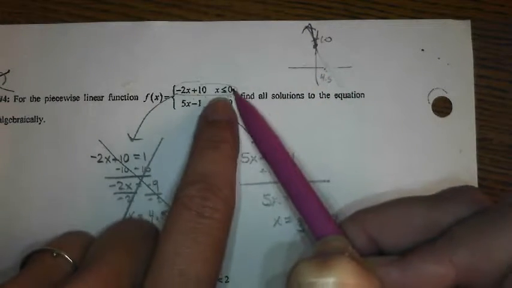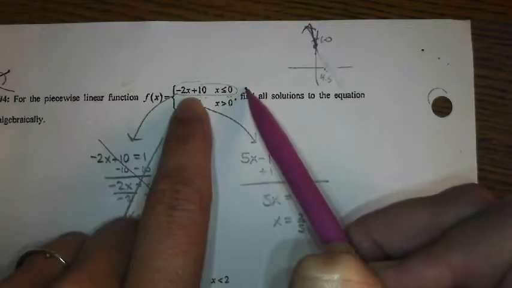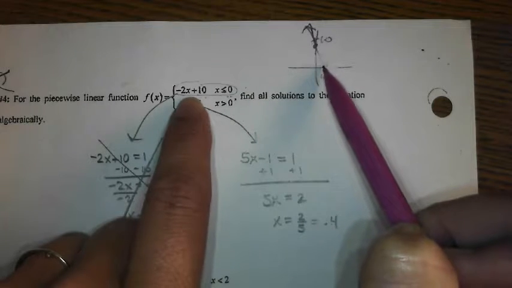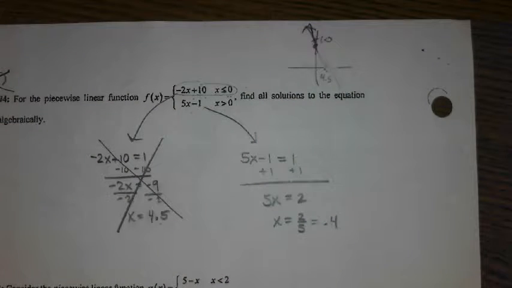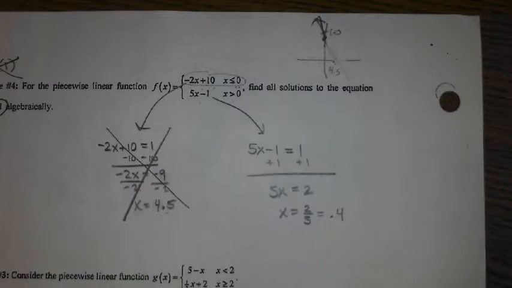But given that we're only looking at this certain piece of it, and that point in that piece is not included, we have to reject it. Does that make sense? Sometimes you'll reject both of them. Sometimes you'll reject one, or sometimes you'll keep both of them. They'll both be good. But you have to go back and evaluate if that x value falls appropriately in the interval that you're keeping. Yes?